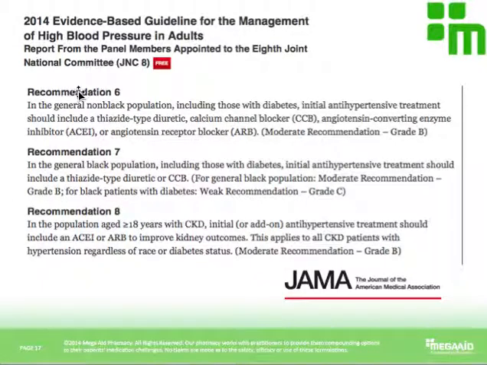These are just a few that I added, but you can see here it says in the general non-Black population, including those with diabetes, initial antihypertensive treatment should include a thiazide diuretic, a calcium channel blocker, an angiotensin converting enzyme inhibitor, ACE inhibitor, or an angiotensin receptor blocker. So these are all drugs: thiazide-type diuretics, ACEs, and ARBs. You can see you have very specific recommendations of how you treat high blood pressure.